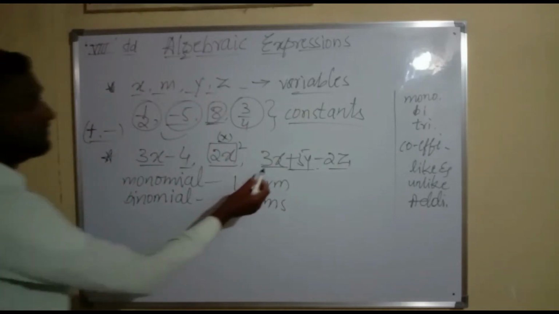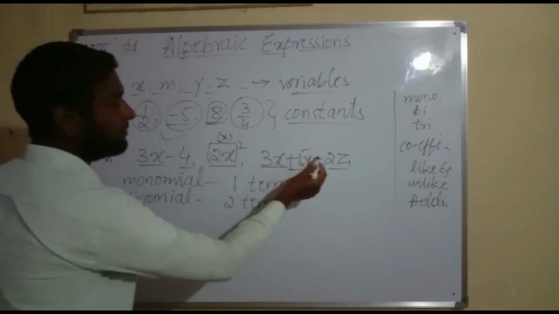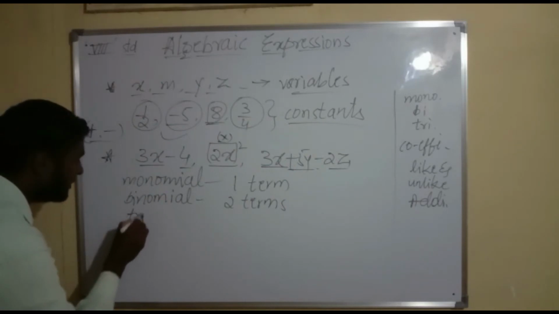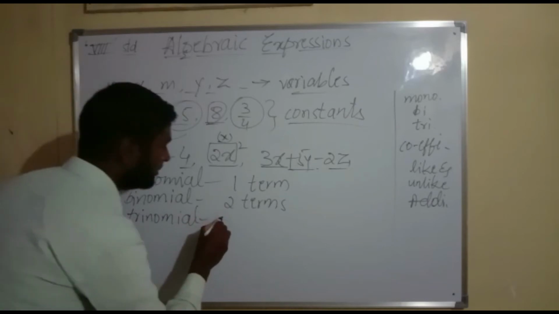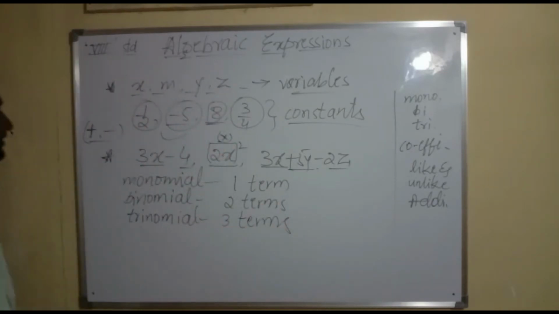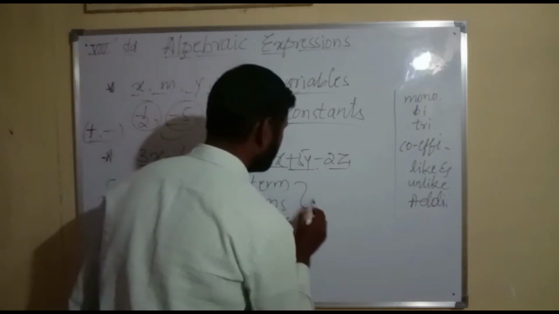Here again we can say three terms, 1, 2, 3, because the plus and minus are separating the terms. We can say trinomial, which means three terms. In general, all these are called polynomials.